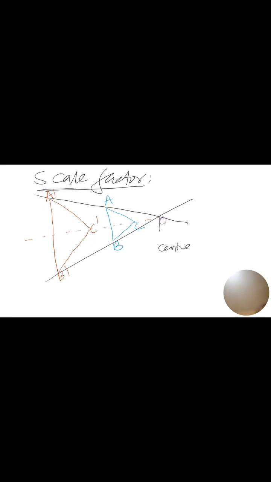That is the center of enlargement. So if I want to get the scale factor, I get the distance from the center of enlargement to my image point, then divide it by the distance from the center of enlargement to the object.